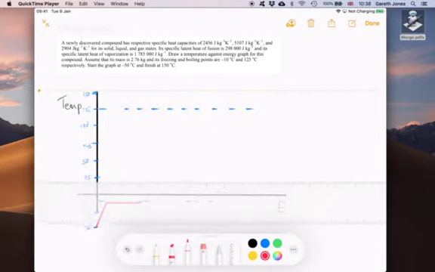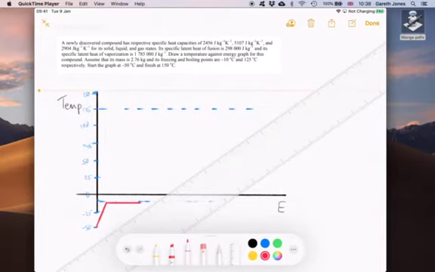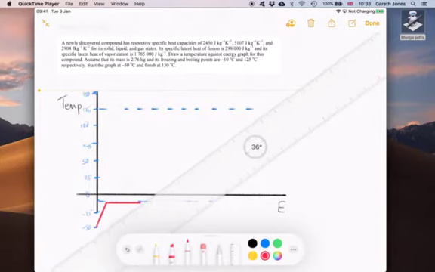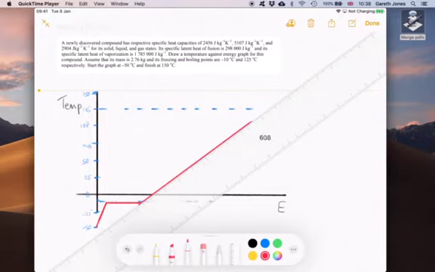Okay, so now between melting and boiling, we have a very high specific heat capacity. When it's a liquid, it's got 5,107 joules per kilogram per Kelvin. So that's going to be much shallower than the solid section.